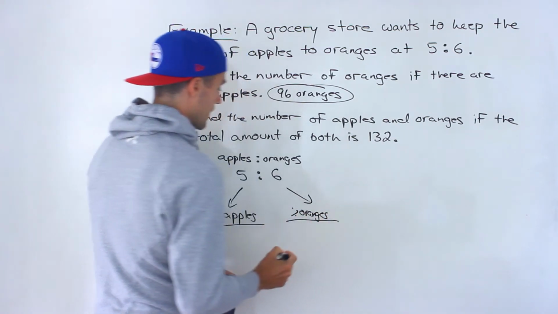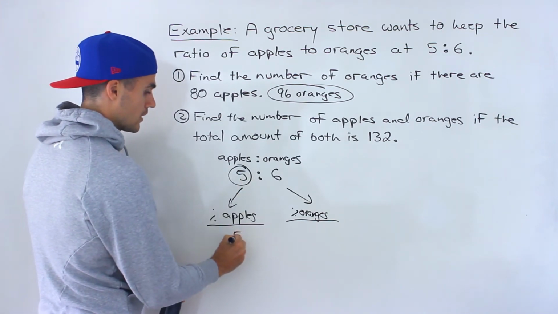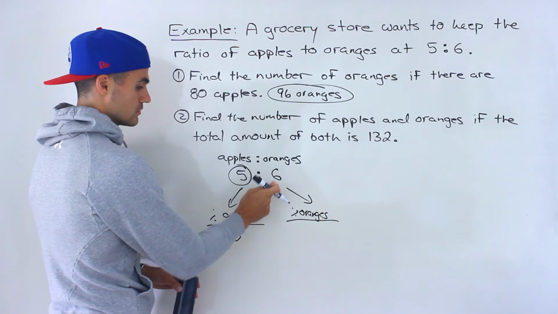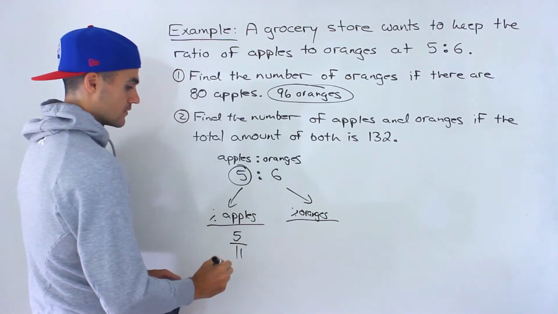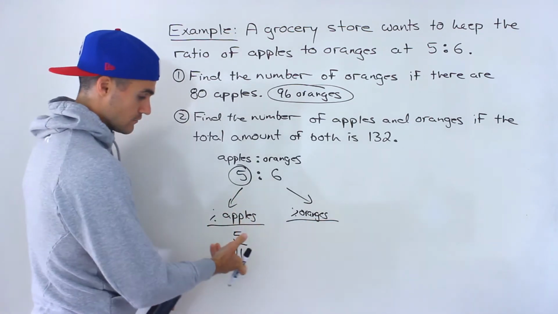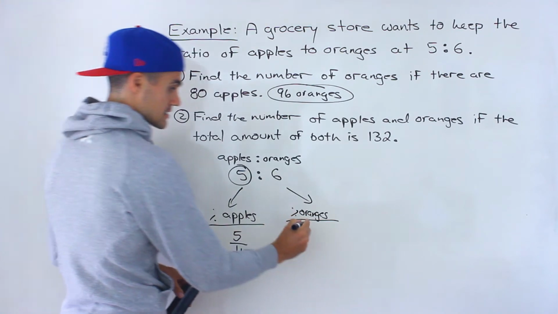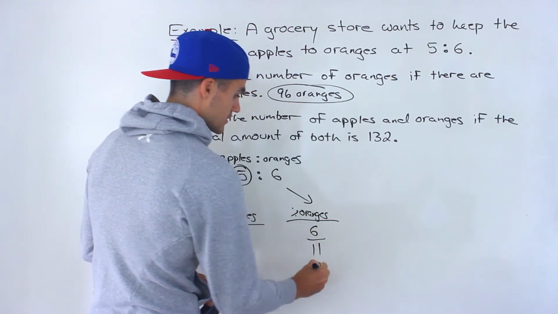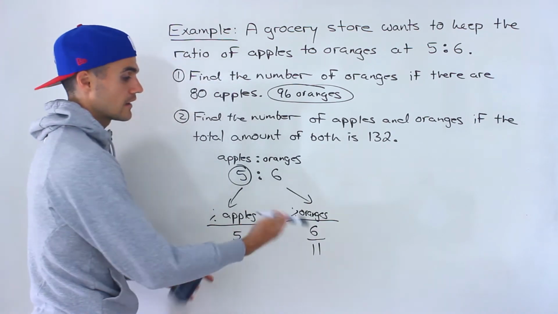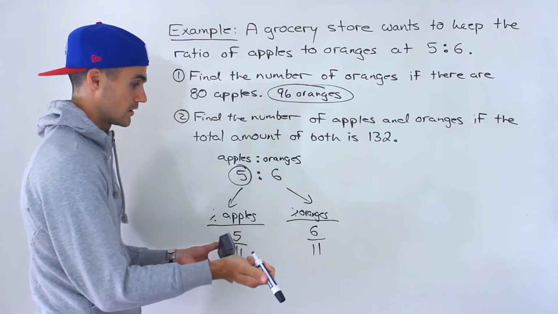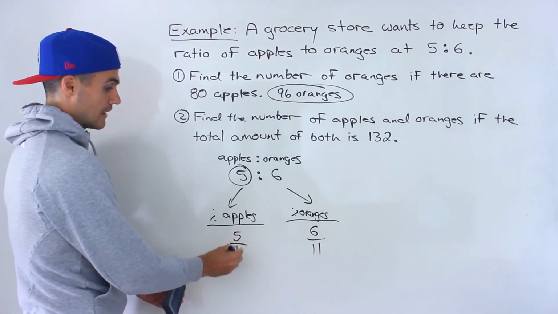The way we would do that with apples is take this 5 and put it in the numerator, and then add these two. So 5 plus 6 gives us 11. So 5/11ths of the total is apples, and same thing here, 6/11ths is oranges. When you add these two together, you get 11/11, which is 1, or 100%.